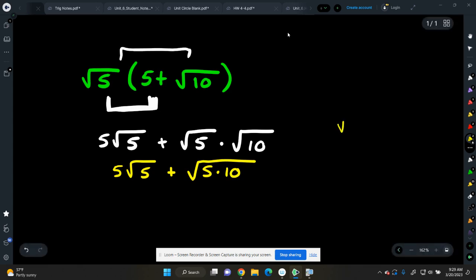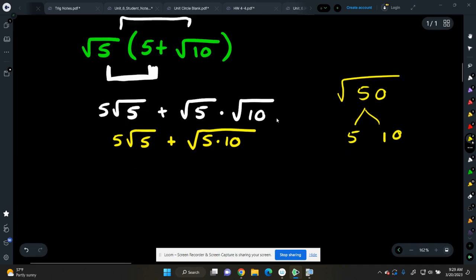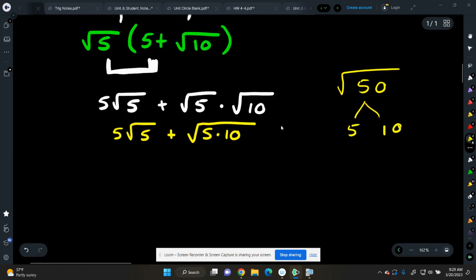Because if we multiply it out, how do we simplify this? We have to factor it out, right? So we just undid what we did. So don't multiply it out, because this is saving us work. We've already got the first step here. So now we've got 5 square root of 5 plus the square root of 5 times 10, which is 5 times 5 times 2.